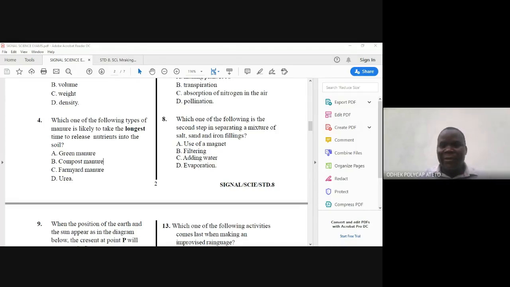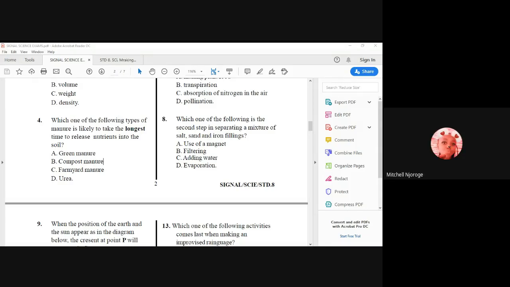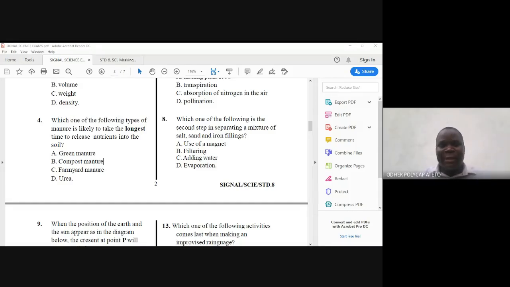Correct. The function of farmyard manure? To feed the bacteria. We call it the food to the bacteria. Thank you very much. Functions of the kitchen refuse?